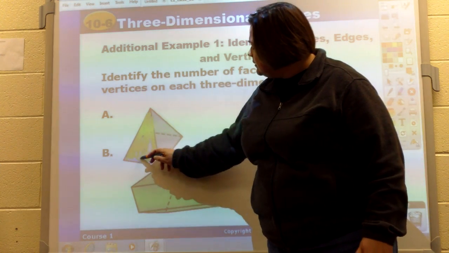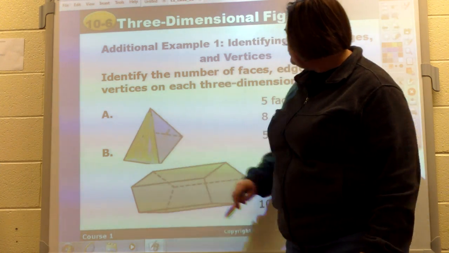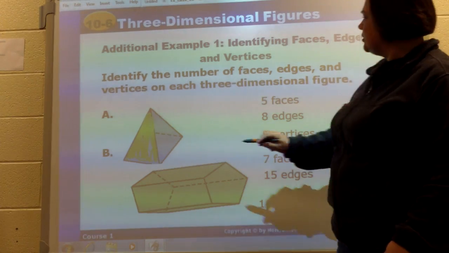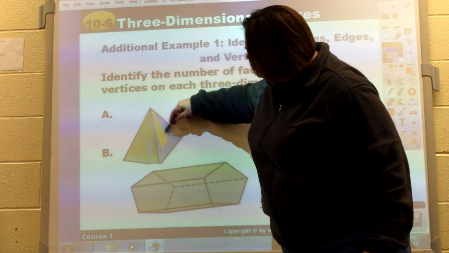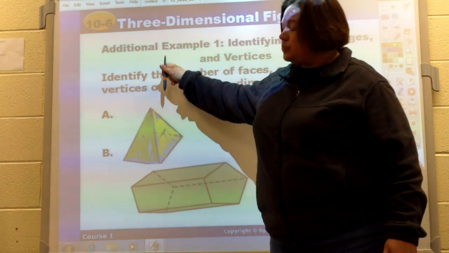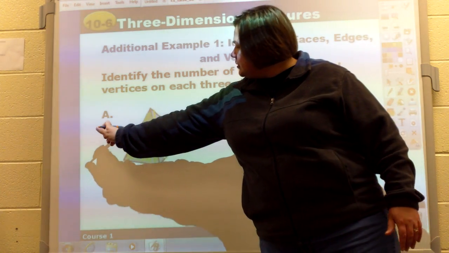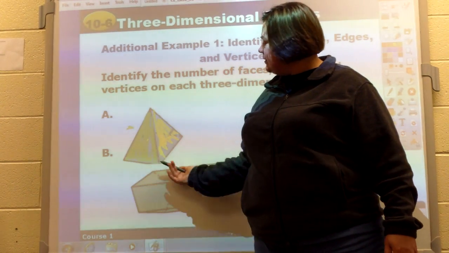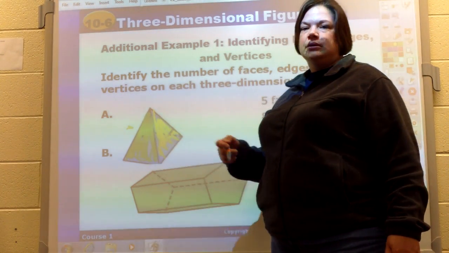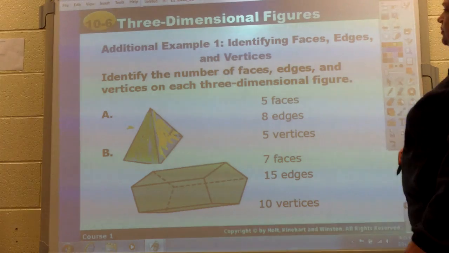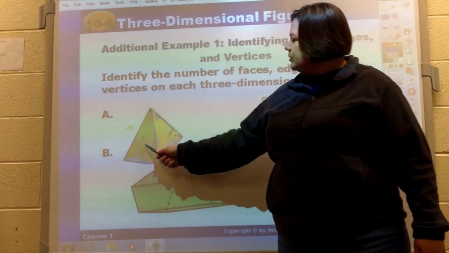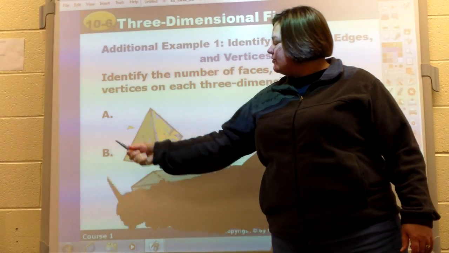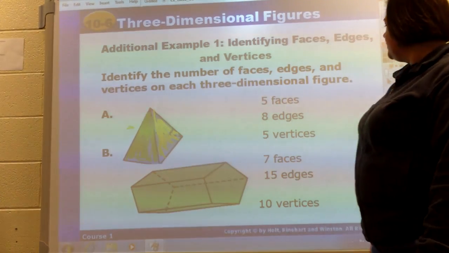So we have one, we have two over here, there's one on the back, and then there's one over here on this side as well. So we have 1, 2, 3, 4, and then the bottom that it sits on would be another face. So we have 5 faces.